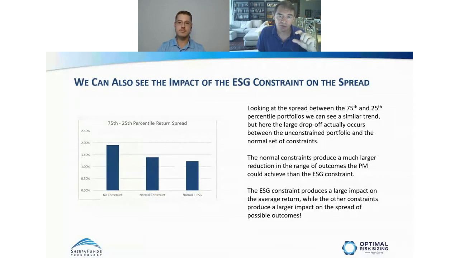So you are more sure of where you're going to end up. Now, is that good or bad? Well, it's bad if you think you've got an edge in portfolio construction, because you're going to miss out on the top half of possible returns.